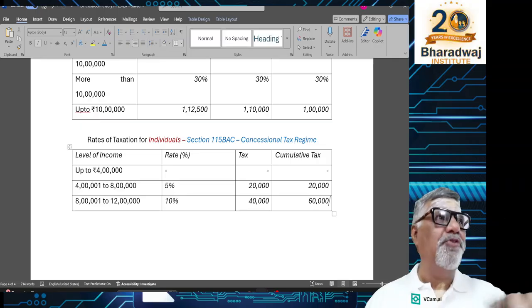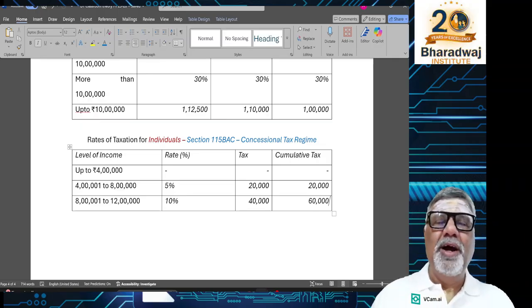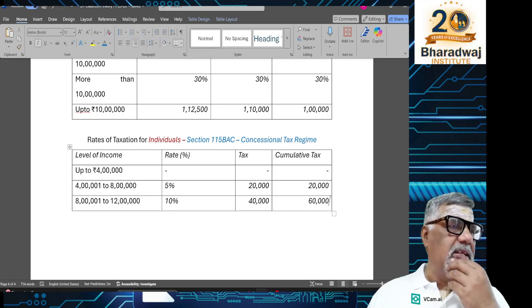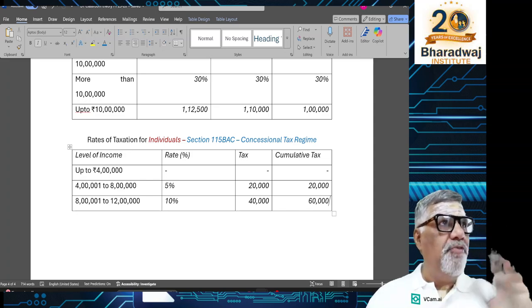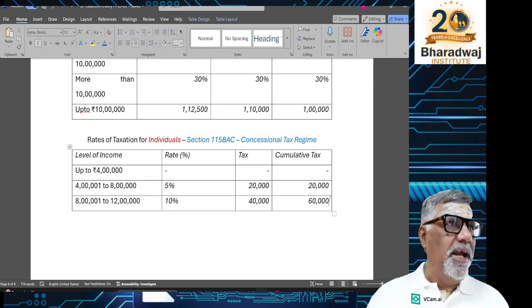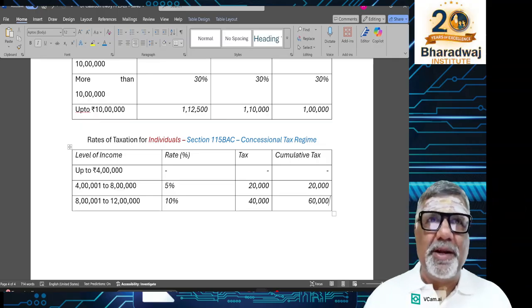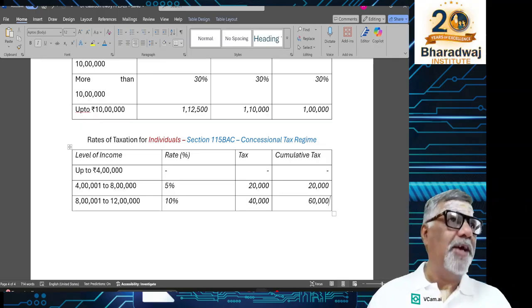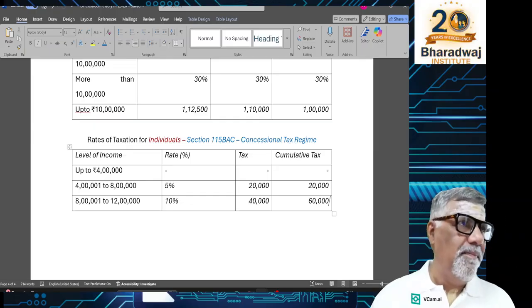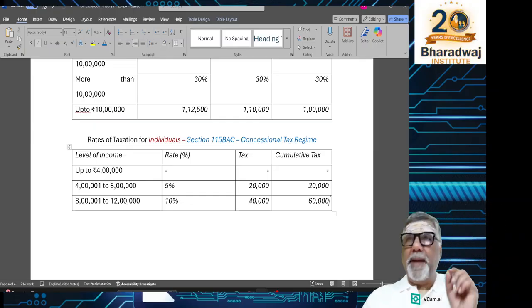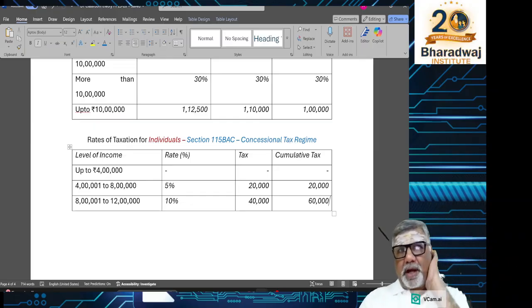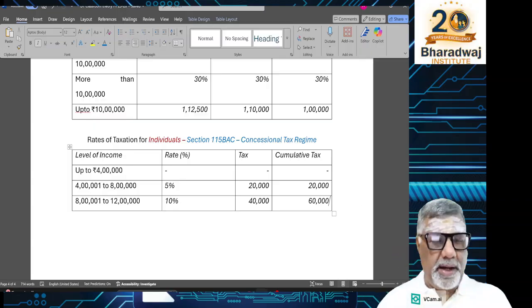It is right from 4 lakhs that it becomes taxable. There is at least a marginal relief of rebate. If you are earning 14 lakhs, it is not 2 lakhs which is taxable; it is right from 4 lakh 1. So the benefit is passed on by way of a rebate and not by way of a rate.